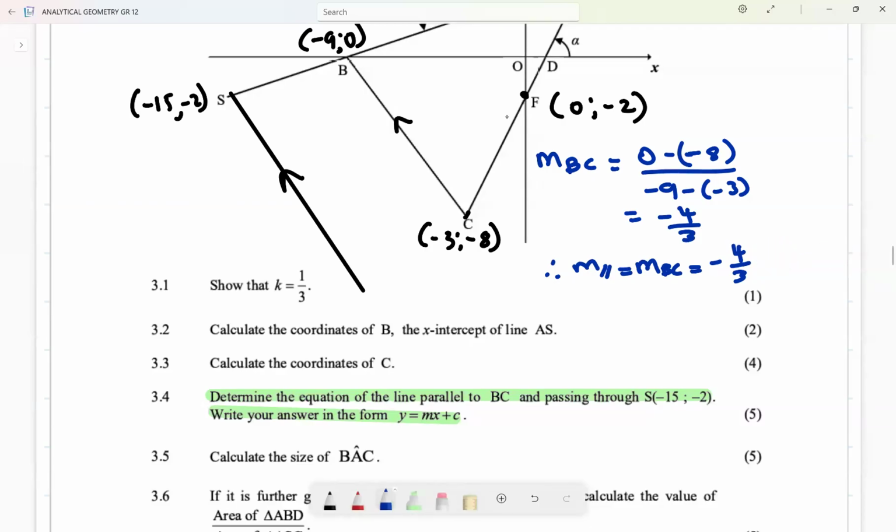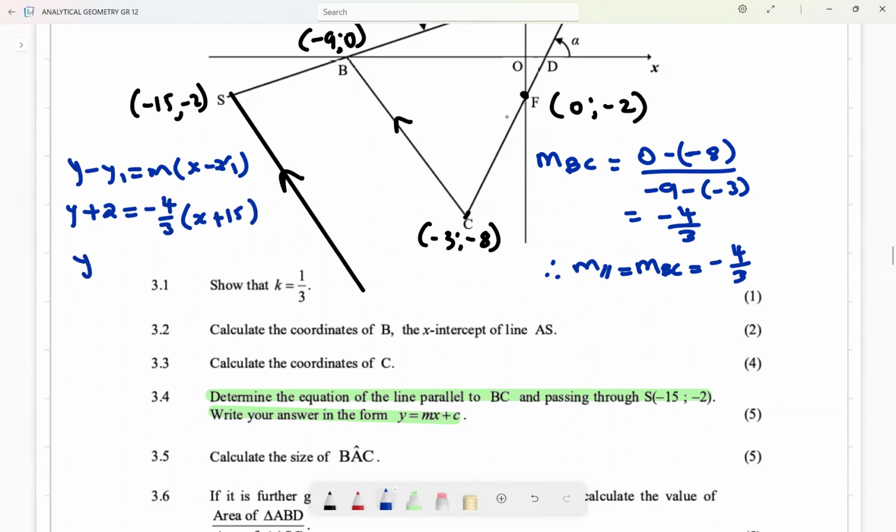I now have a gradient, so I can use my point and say y minus y1 is equal to m into x minus x1. y minus y1, it is -2, so it's going to be +2, is equal to m, which is -4 divided by 3, x minus -15, so it's going to be +15.